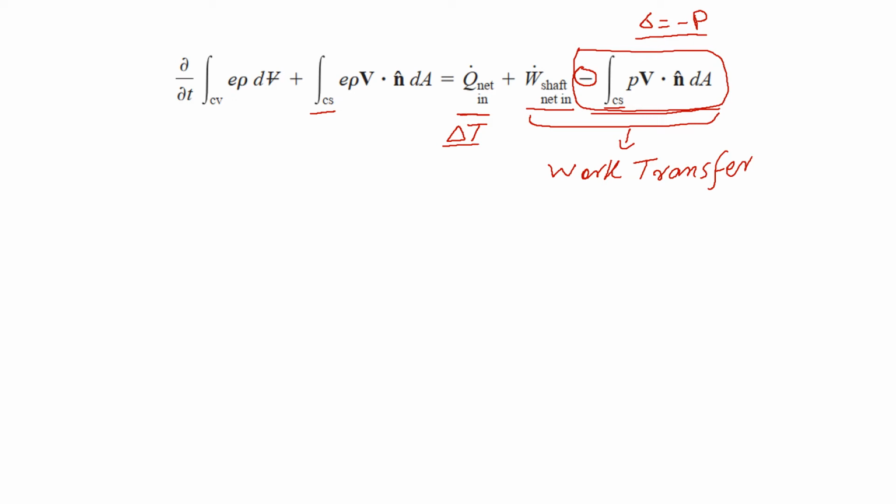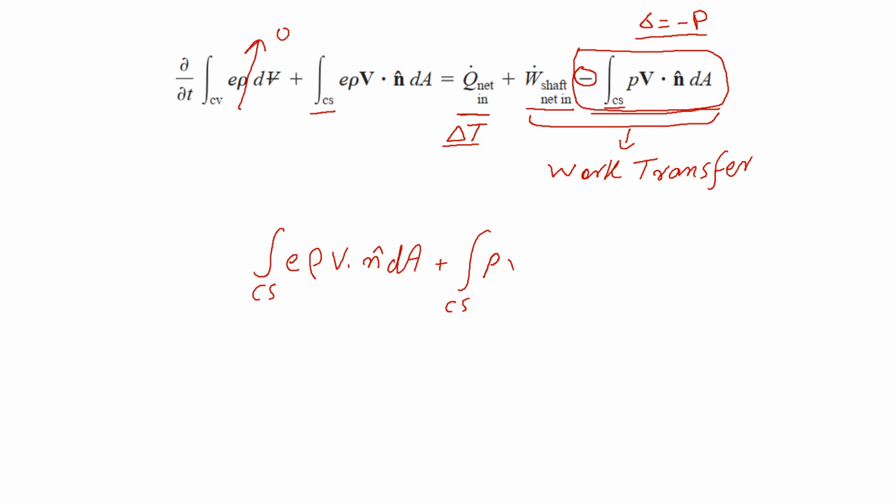If we say that this is a steady state flow problem, which we will assume throughout our calculations, we get the control surface integral of the intensive property, density, V dot n dA, plus the integral over the control surface of the rate of work transfer required to overcome the normal stresses occurring on the control surface.